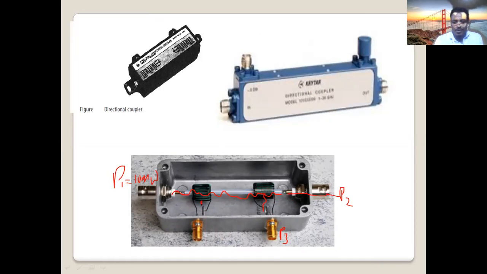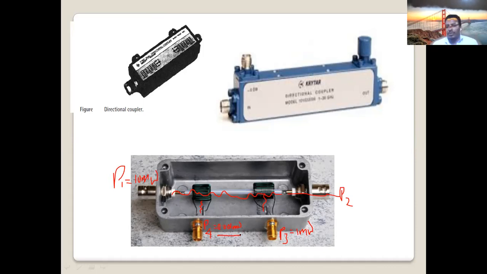But there is a small amount of power going in the wrong direction also. That's P4. How much? 0.001 milliwatt. How much P3? 1 milliwatt. This 1 milliwatt signal is sampled in the correct direction. 0.001 milliwatt, very small power, goes in the wrong direction.